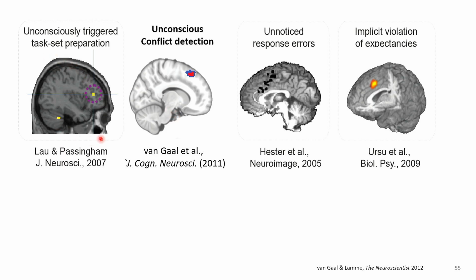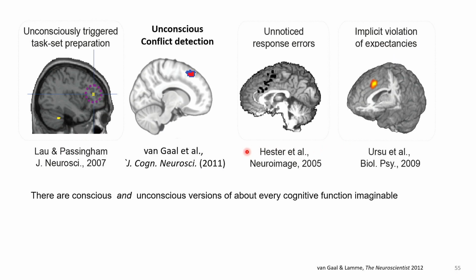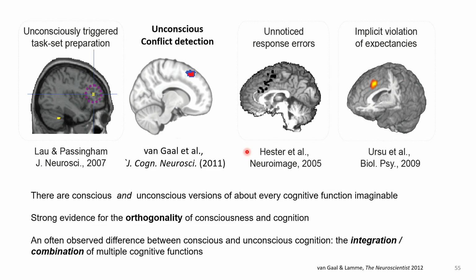So this is just some experiments showing different things like unconsciously triggered task set preparation, conflict detection, noticing response errors, violation of expectancies, all sorts of different functions that typically are associated with prefrontal functions, which may happen unconsciously when stimuli that evoke these functions are masked. So implicating that there are conscious and unconscious versions of about every cognitive function imaginable. Again, strongly arguing for this orthogonality of, in this case, consciousness and cognition.